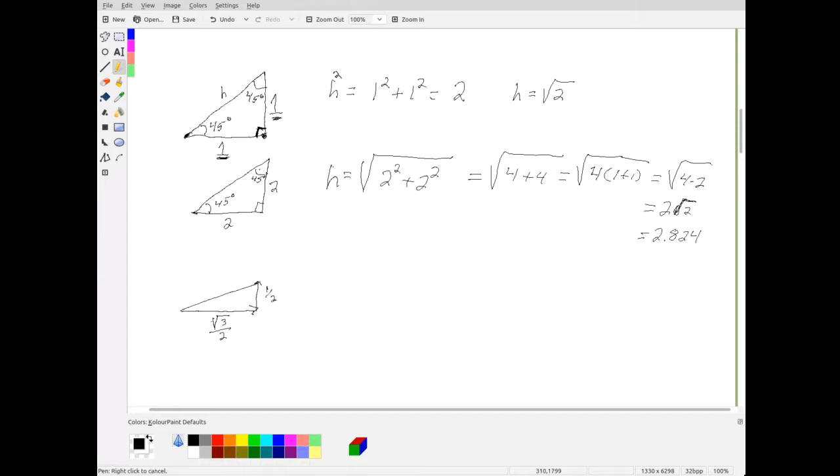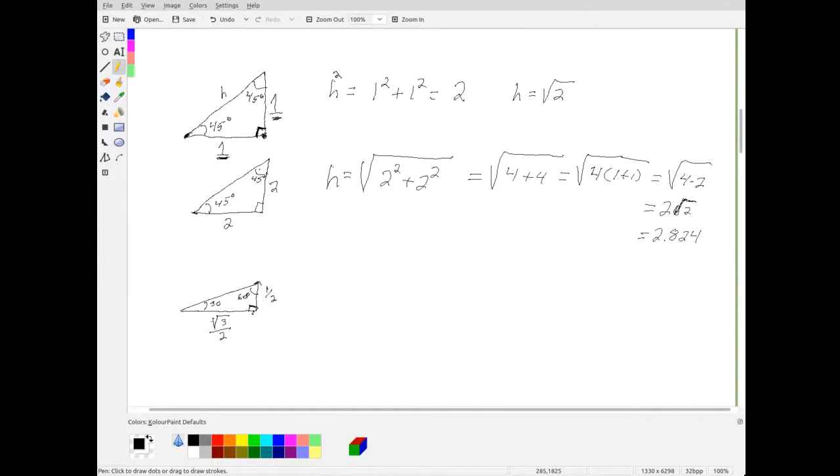Okay. This here is a pretty common triangle that you see. This is 30 degrees here. Of course, it's a right angle here. So there's 30 degrees there and 60 degrees here.